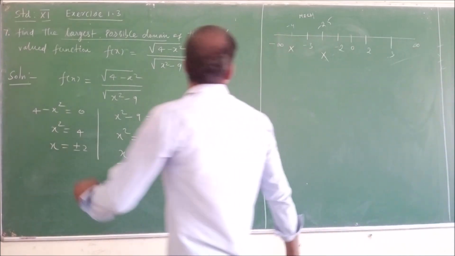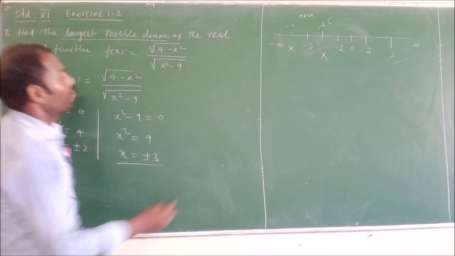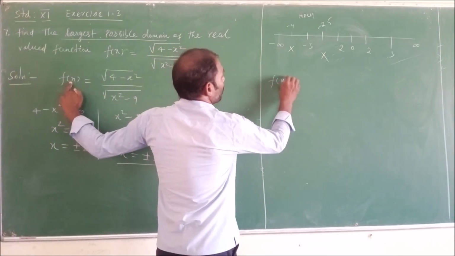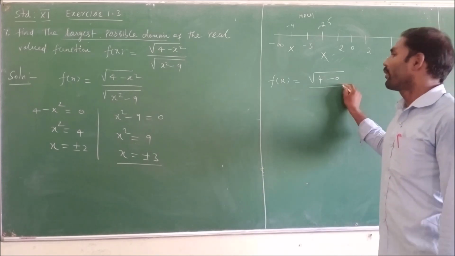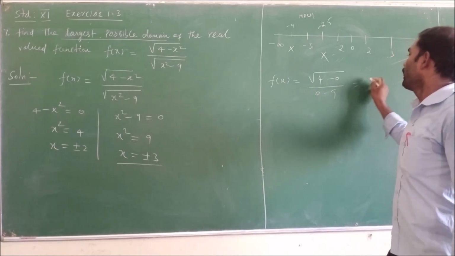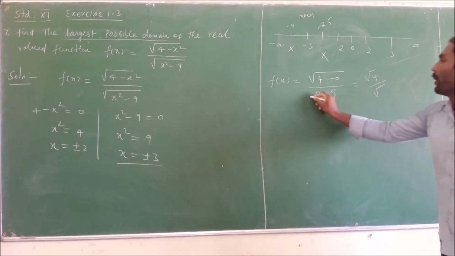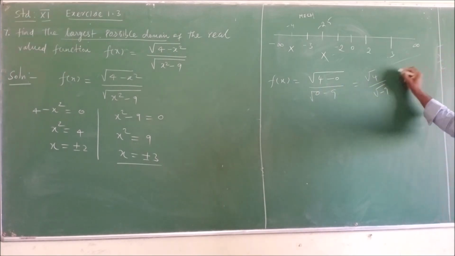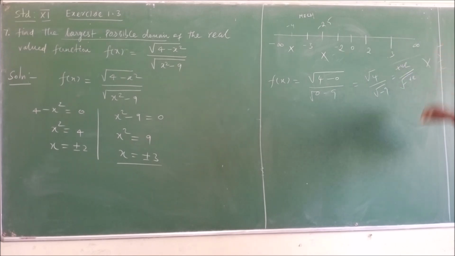Applying 0, f of x equals square root of 4 minus 0, divided by square root of 0 minus 9. The numerator is the positive root of 4. The denominator is the root of minus 9. So the numerator is a positive root and the denominator is a negative root, so this is also not possible.